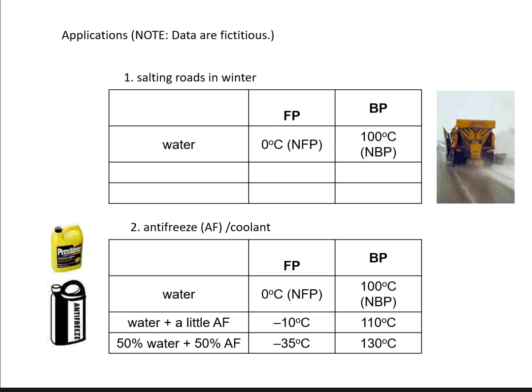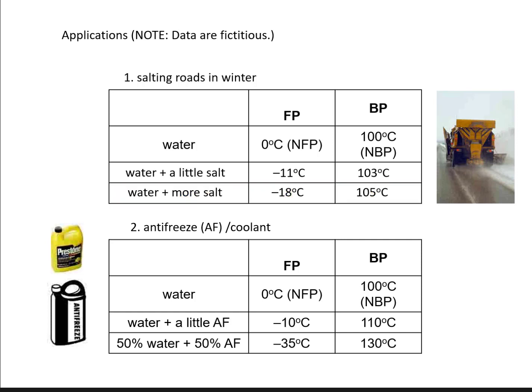When we add a little bit of salt to that, we can lower the freezing point of that water and we can raise the boiling point. If we add more salt, well, in that case, the effect becomes even more extreme, and we can lower the freezing point even more and raise the boiling point even a little bit higher.